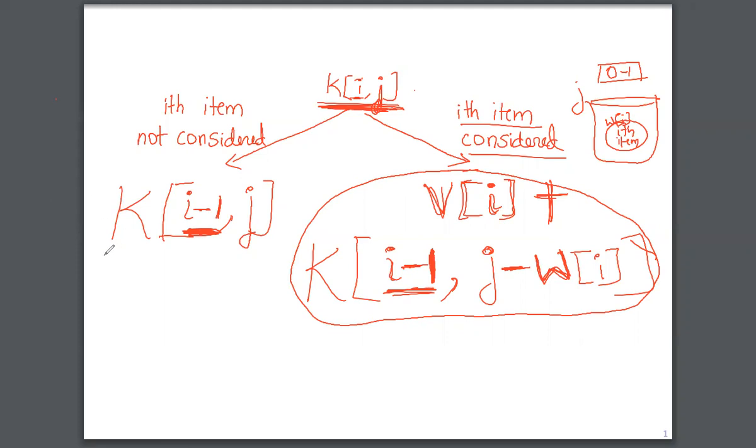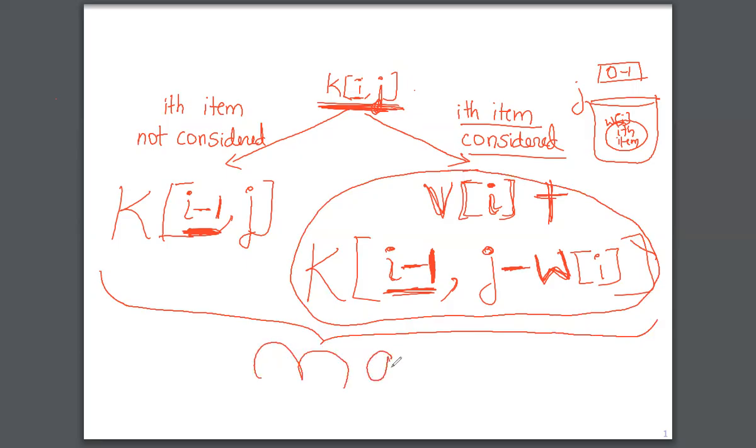Either this possibility will happen, or this possibility will occur. You don't know which possibility can occur, so you take the max.